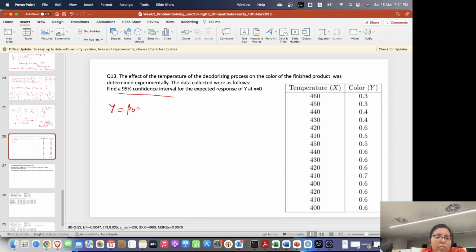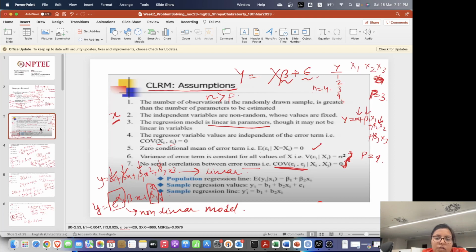So if we have a model like this, y equals beta naught plus beta 1x plus epsilon, the expected value is beta naught plus beta 1x, because you remember the expectation of epsilon we assume to be 0 in one of the assumptions.